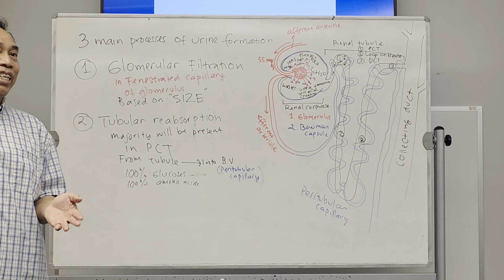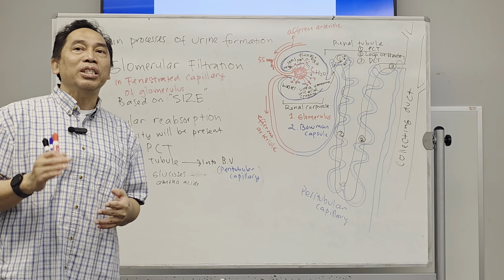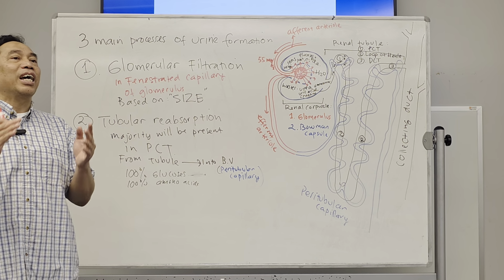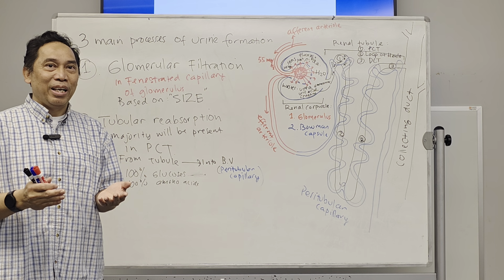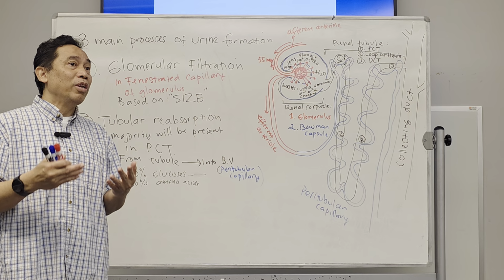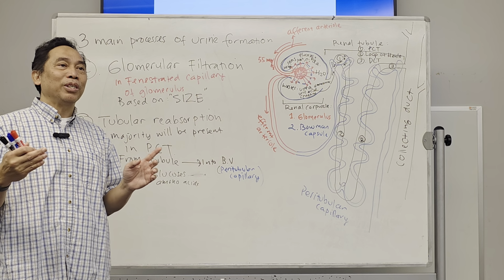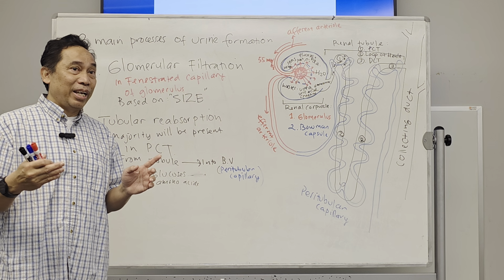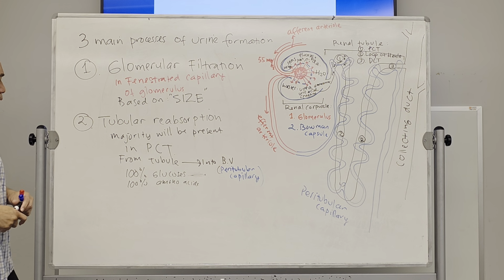If it is present, when you perform the urinalysis, if you find glucose over there, it is telling us we have a problem. Some people with diabetes, most of the time, you will find glucose in the urine. Because they have too much glucose in the blood. So that's the glucose.